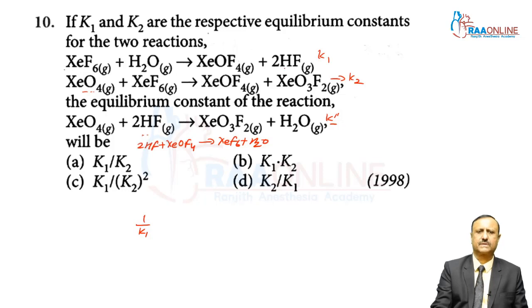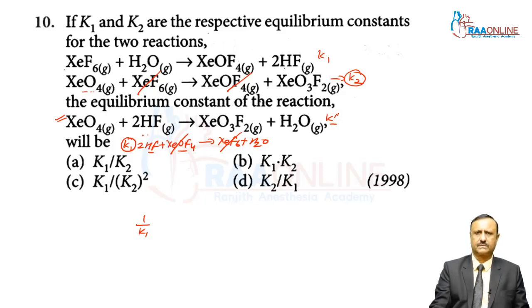This is your first reaction, the K1 reaction, and this is your K2 reaction. Now HF is in the reactant, and HClO4 is in the reactant. Here K2, this is cancelled with this, HClF6 is cancelled with this. You can get HF plus HClO4, and water and HClO3, which means 1 upon K1.